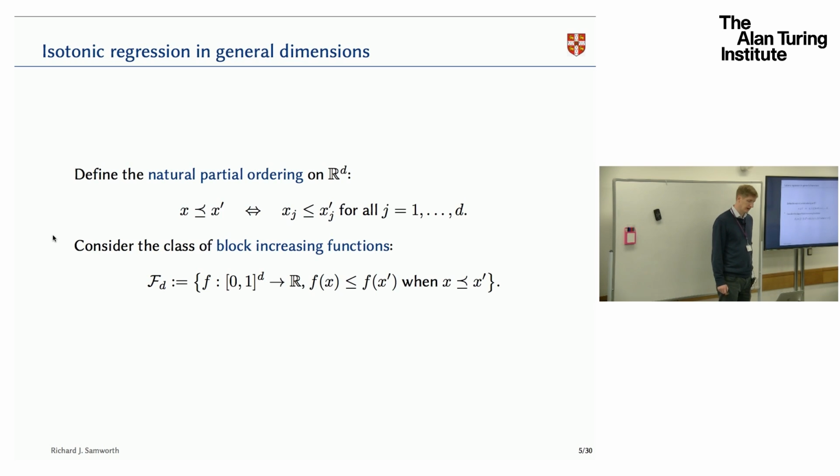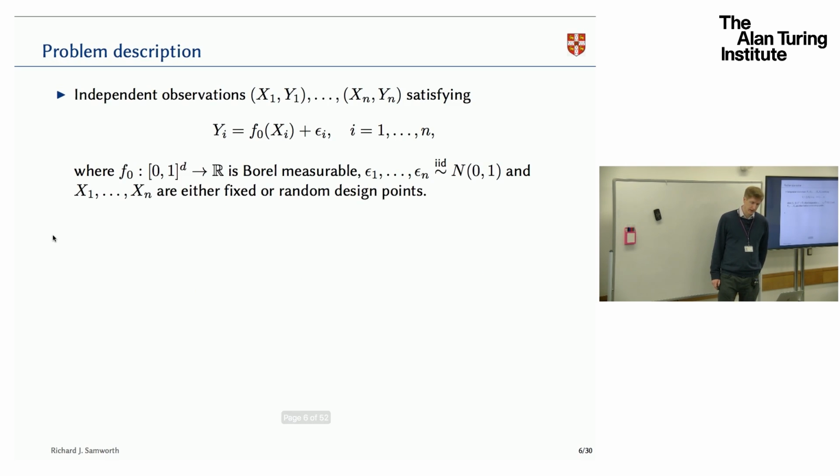Okay, so if we are working with covariates in R^d, then we have a natural partial ordering. I'm going to be thinking about the set of block increasing functions, so just increasing in each coordinate, and I'll write the class of block increasing functions as curly F_d. Our basic problem is, let's assume that we have independent observations, covariate-response pairs.